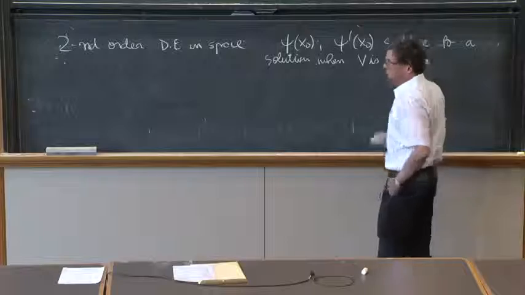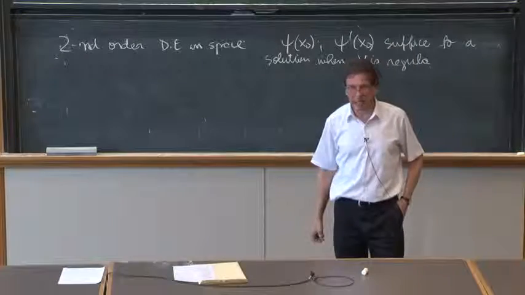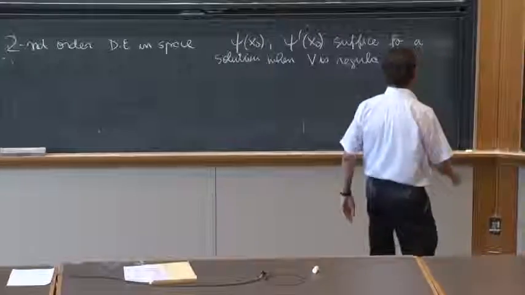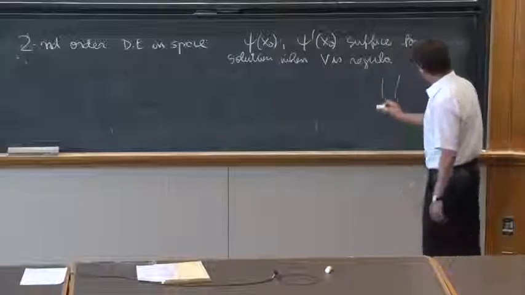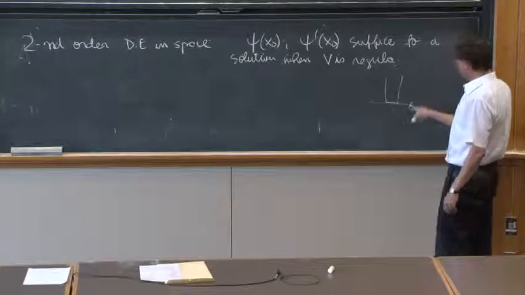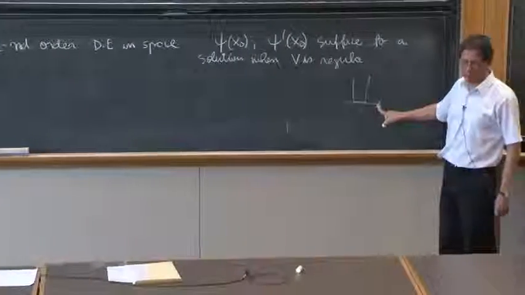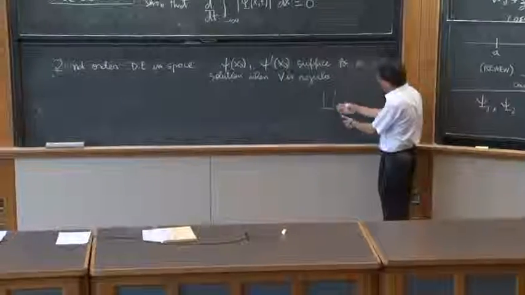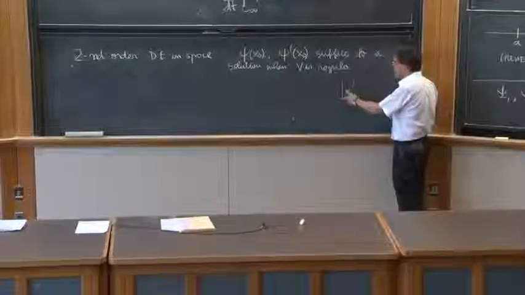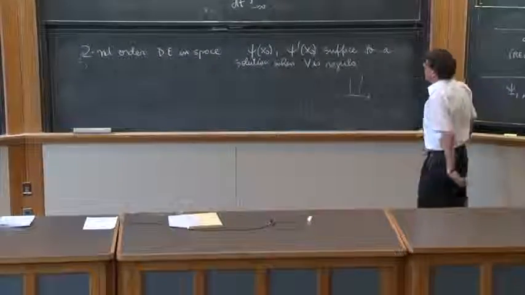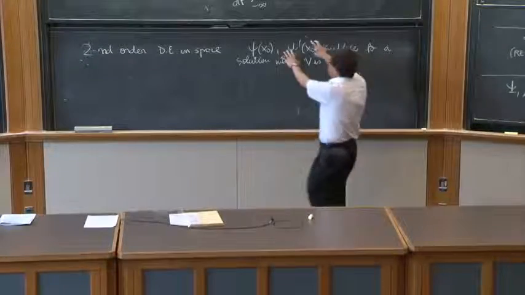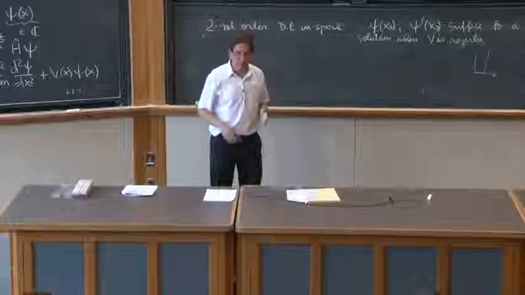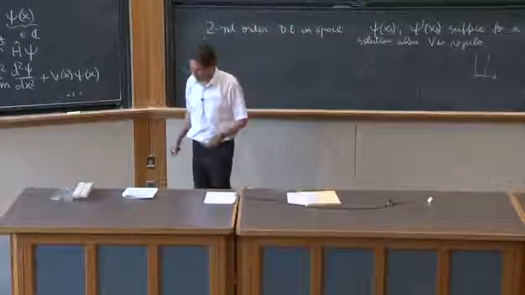That is, if V is not too complicated or too strange, because you can always find exceptions. You have the square well potential, and you say, oh, I know the wave function is 0 here, and its derivative is 0. Does that determine the solution? No, because it's infinite. There's no space here, really, and you should work here. So basically, unless V is really pathological, psi and psi prime are enough to solve for everything.